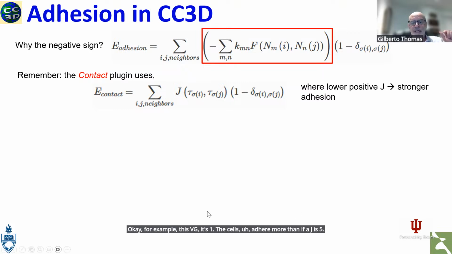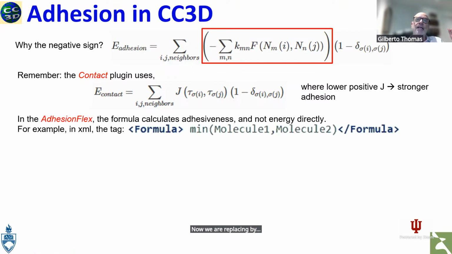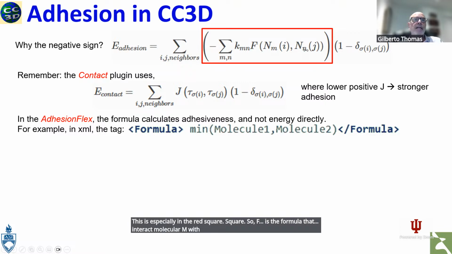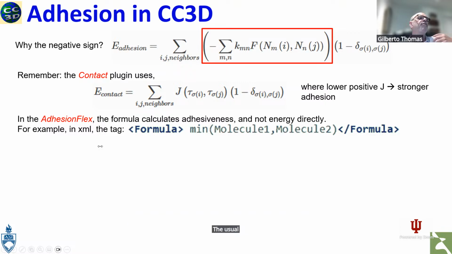Okay? Now we are replacing it by this expression in the red square. So F is the formula that interacts molecule M with molecule N. The default formula in the plugin is this one.